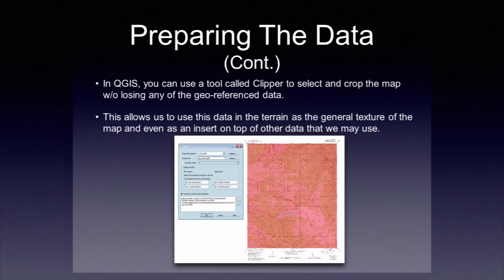QGIS takes this data and turns it into a command line, which GDAL, in this case GDAL Translate, uses to create a cropped version of the terrain that we're trying to use. And see if we can get a closer look here.